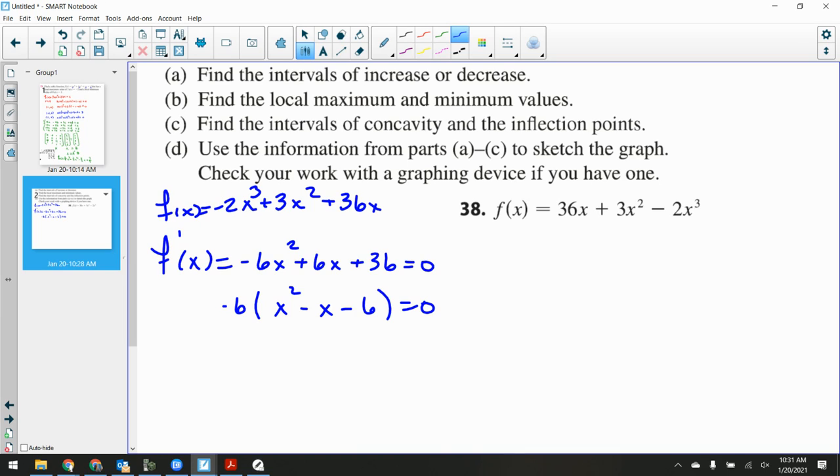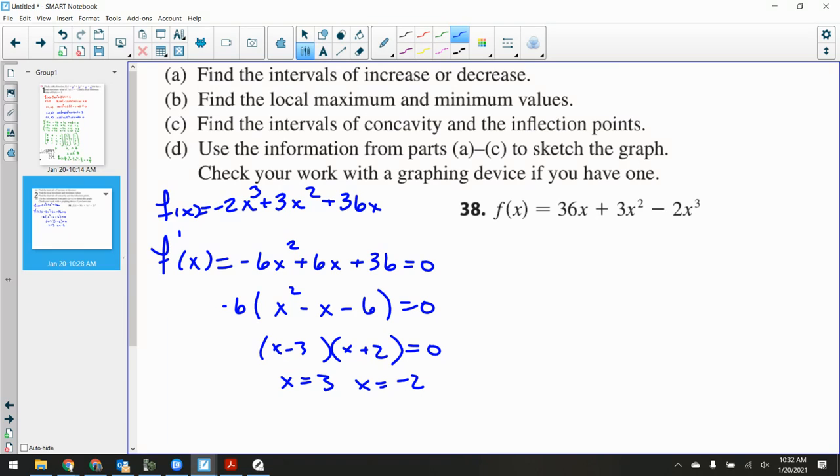I could just get rid of the 6 right away because I could divide it over to the other side. And let's factor this down. Factors of negative 6 that add to get to negative 1 are negative 3 and positive 2. So I set those equal to 0, so I have my critical points as 3 and negative 2.